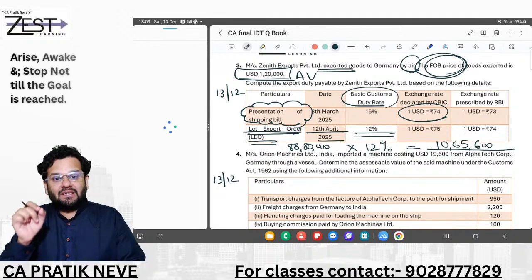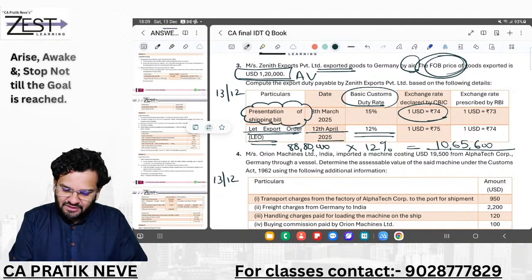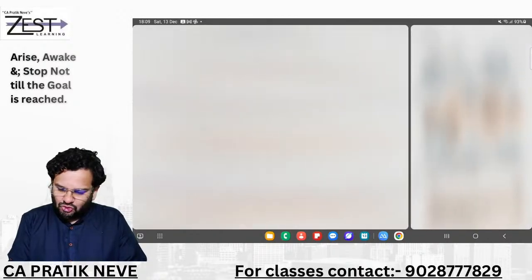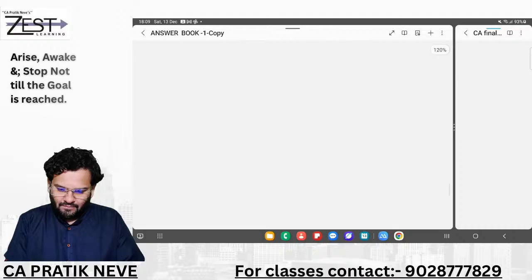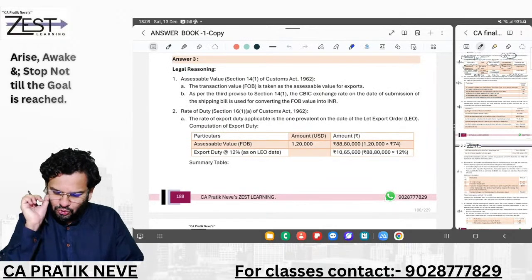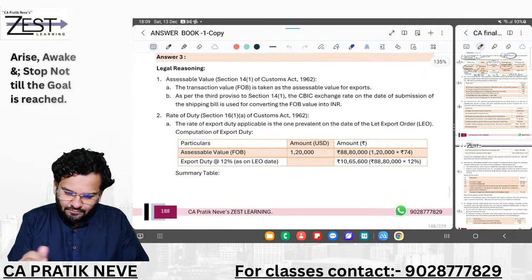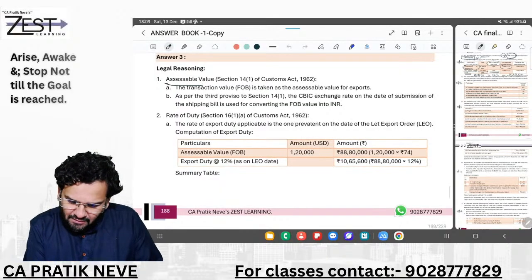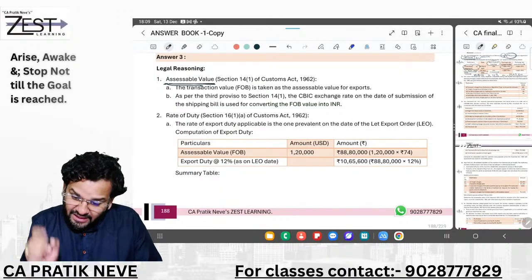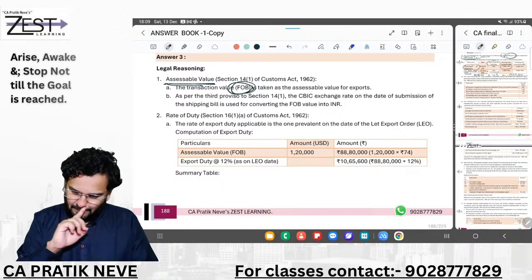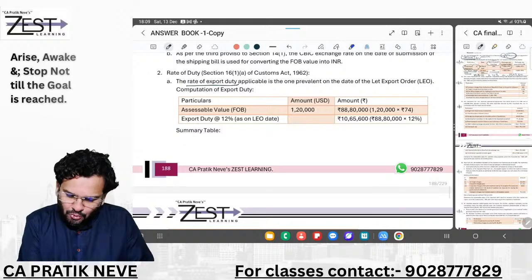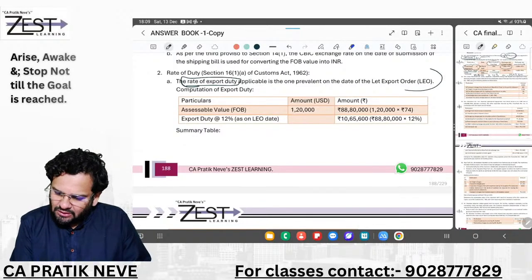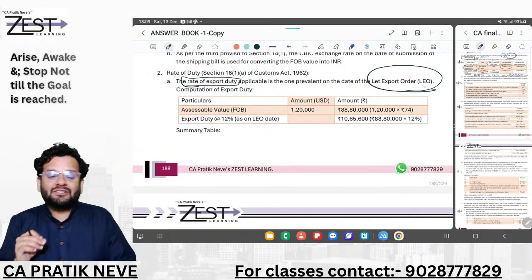Then I will write that provision, that principle in short, so that it will be easy for you to remember. See, assessable value for exports will be FOB. Okay. Now, the rate of export duty is as on the date of let export order.